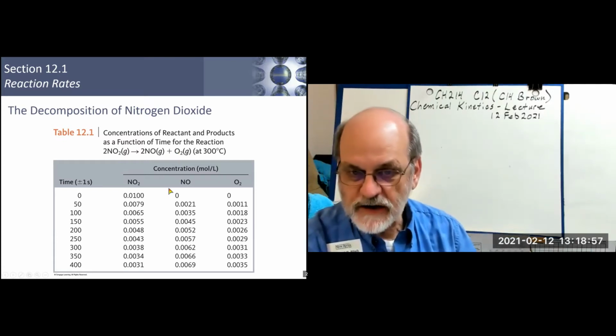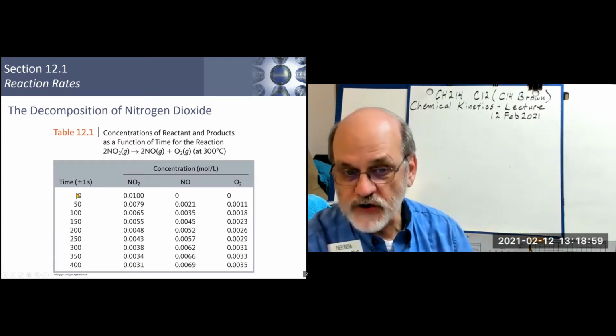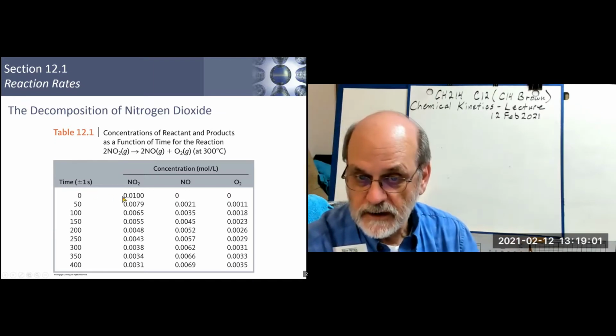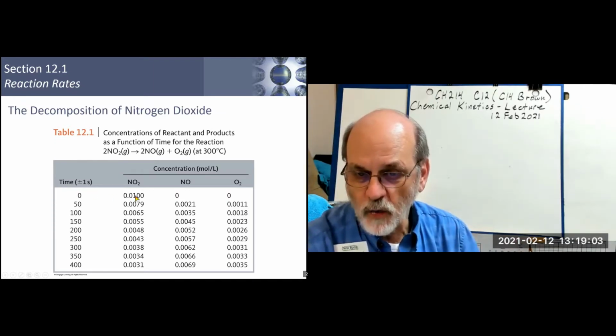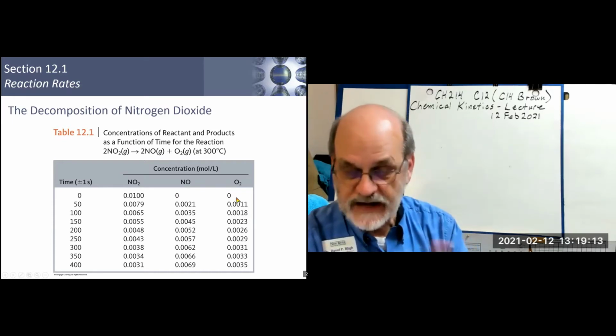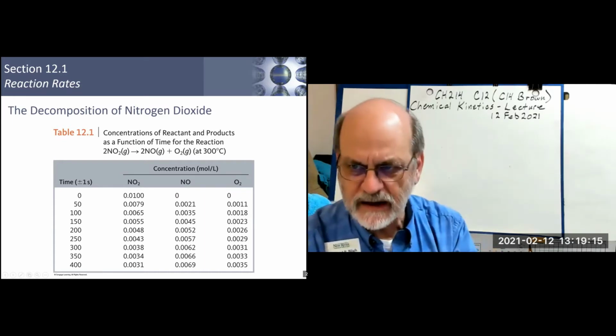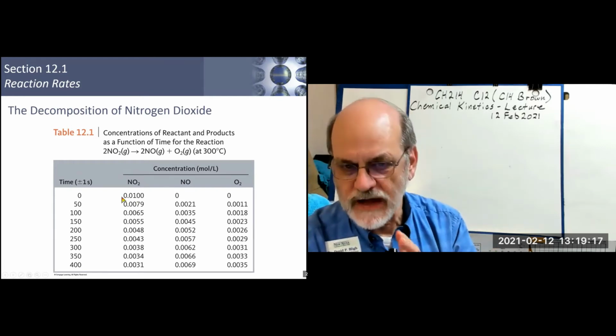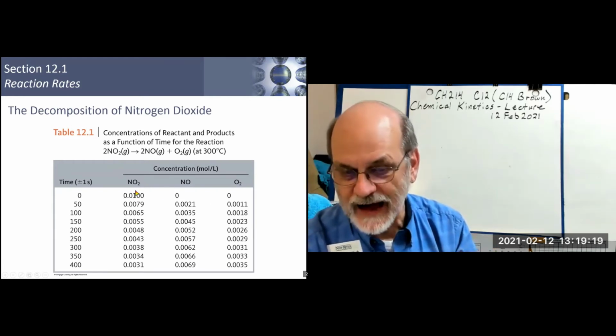And you can see the concentrations changing. If you start at time 0 with 0.01 molar concentration of NO2, the starting position says that there's no nitrogen monoxide and there's no oxygen. That stands to reason. This is at the very beginning of the reaction, so everything is on the reactant side.